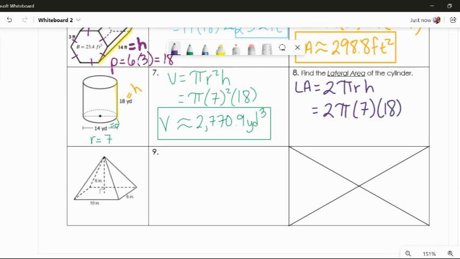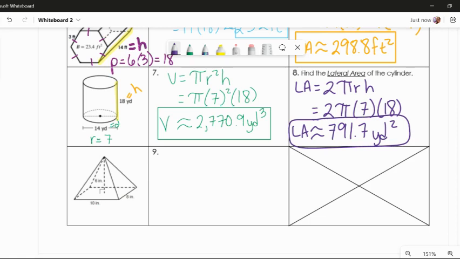So we're ready to go. Just plug those in. I love the cylinders and the spheres because they don't have as many things to solve for, so they tend to be faster to solve. This is going to be 791.7. It's yards, and because it's area, those are square yards. Lateral area, that's the distance around the side of the cylinder.